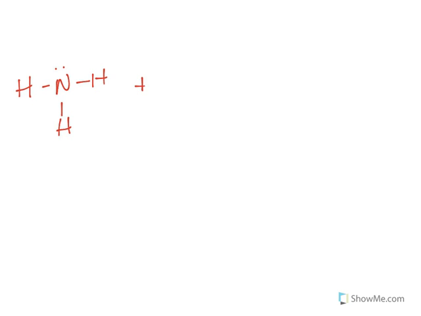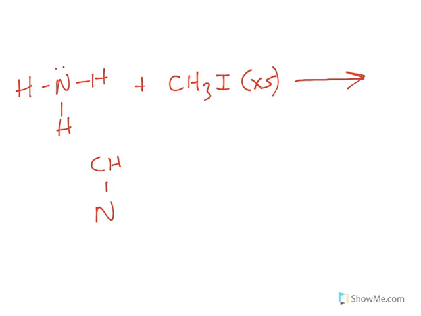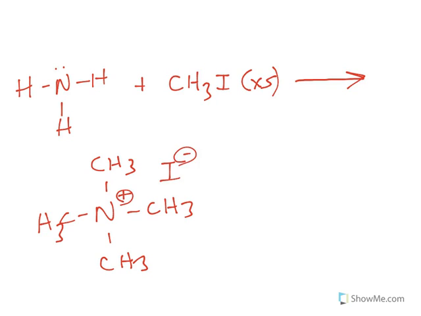So it'll work if you want to go all the way. So this is something that we've called in the past exhaustive alkylation. So what happens here is we're going to need an excess of the iodomethane, and we're going to do an exhaustive alkylation to give our quaternary ammonium salt.